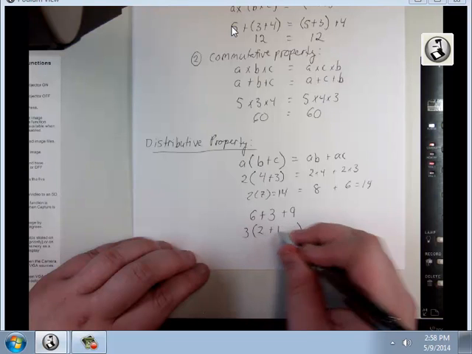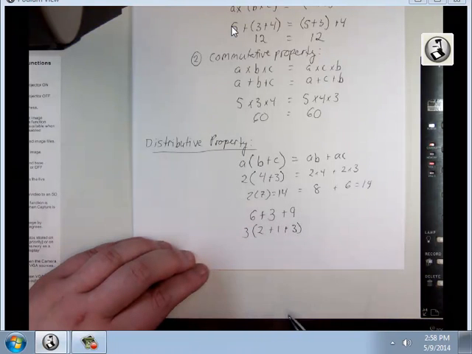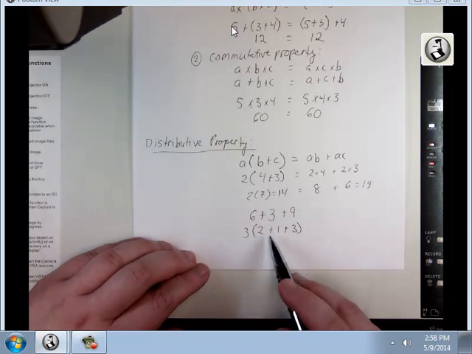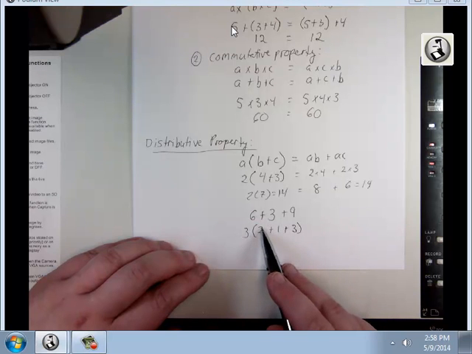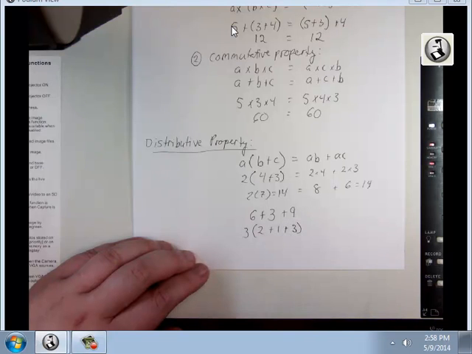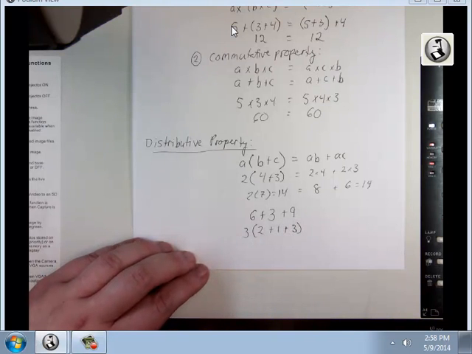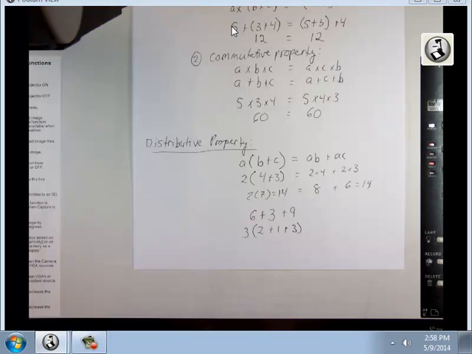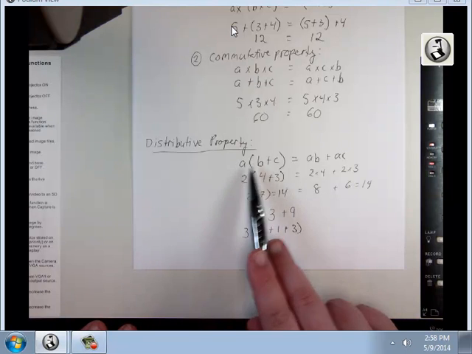And I could always distribute back to get to this. 3 times 2 is 6, 3 times 1 is 3, 3 times 3 is 9. When we get to more in-depth factoring with polynomials, this is an important skill to have a mastery of. That's why I'm pulling it in here. So you should be able to do both. Distribute and factor out. So down here is called factoring.